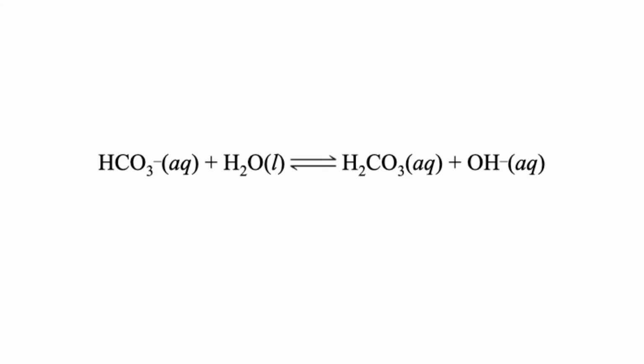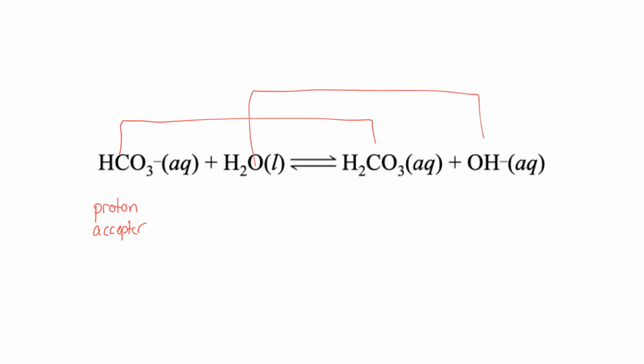So I'm going to go ahead and label the proton donors and proton acceptors here. So HCO3 minus becomes H2CO3. Well, that looks to me as though that HCO3 with a 1 minus charge is a proton acceptor. And H2O is becoming OH minus, so that means it's the proton donor.